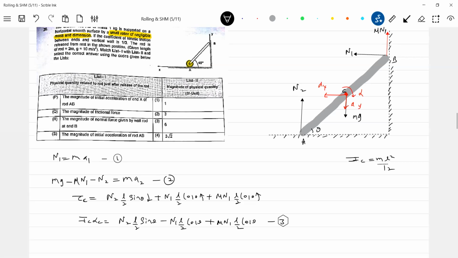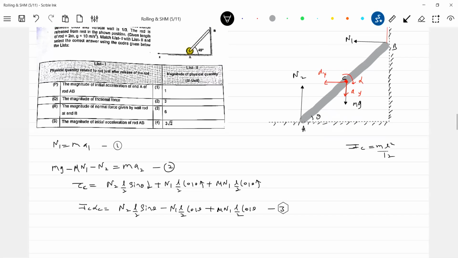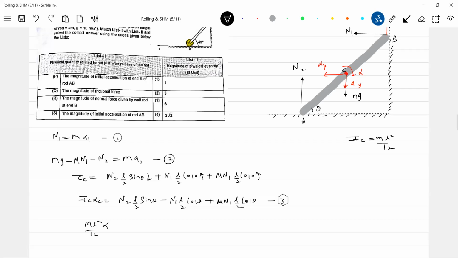But still, so many things are there, no? I think I can simplify this. We'll end up with equation N2 L by 2 root 2, N1 L by 2 root 2, anti-clockwise negative mu N1 L by 2 root 2. Let me call this equation 3. Now one L will get eliminated.